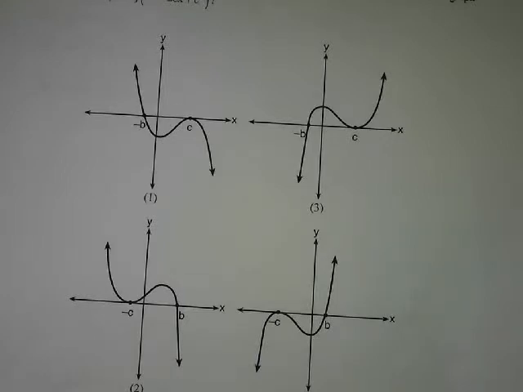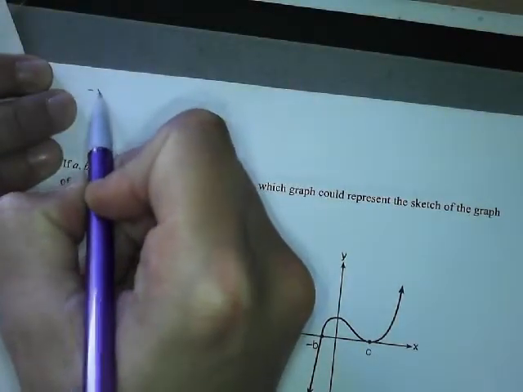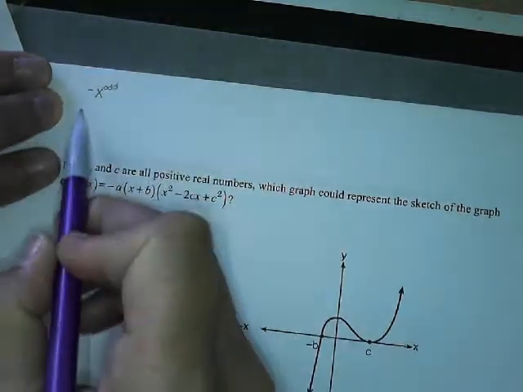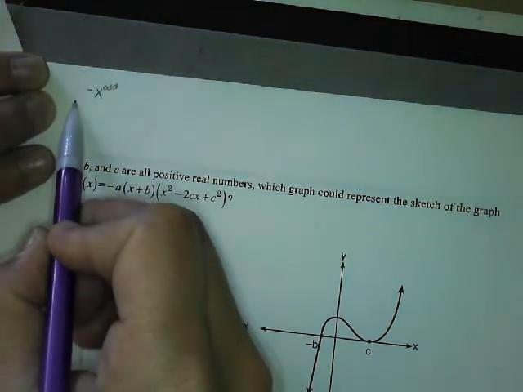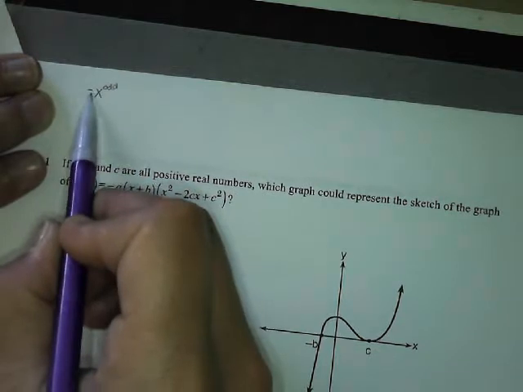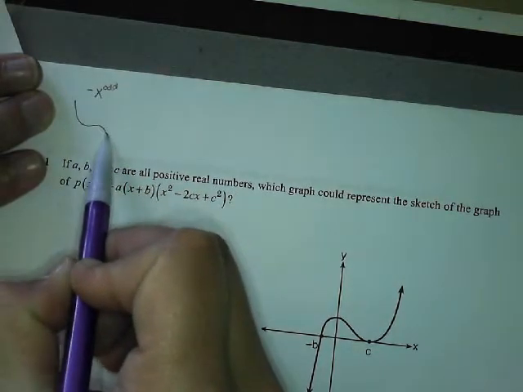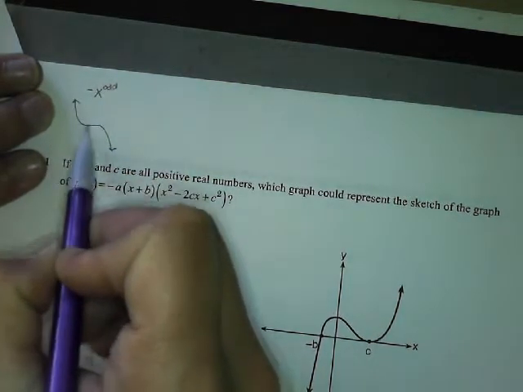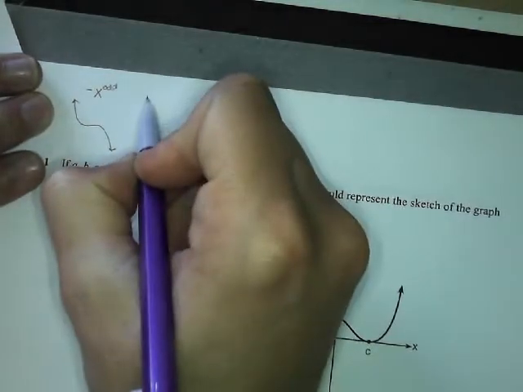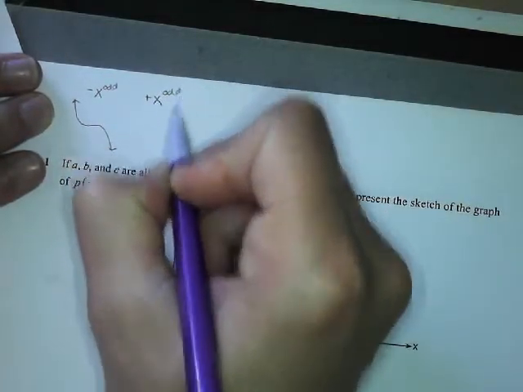Right. So, and I give my kids these 4 graphs. So, a negative x to the odd power has, like, opposite end behavior because it's odd. But because it's negative, it's overall got a negative slope. So, it starts high and ends low. Versus a positive x to the odd power starts low, ends high. Okay?